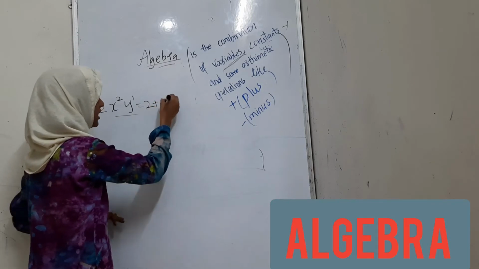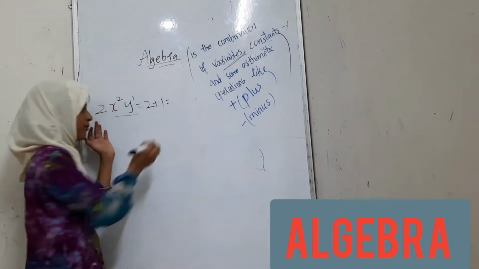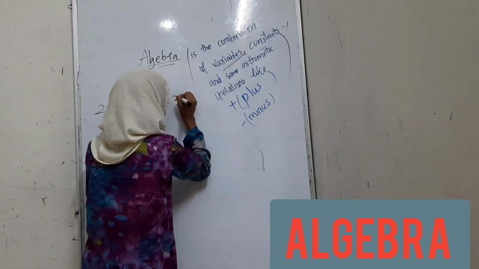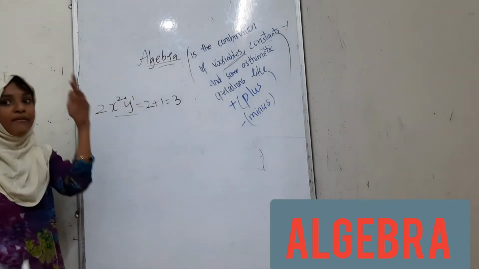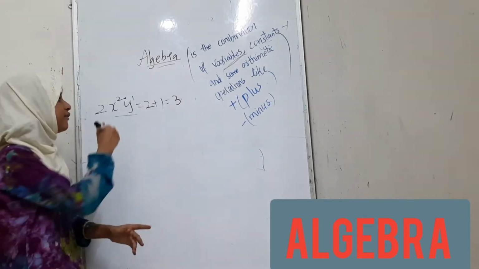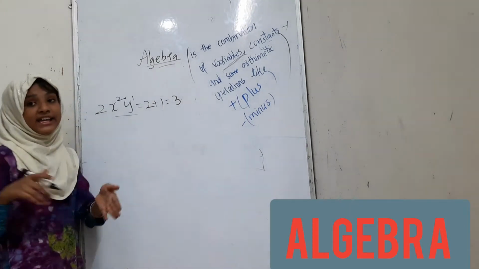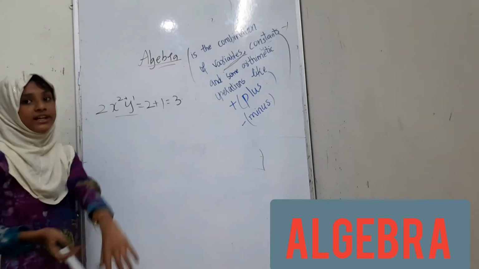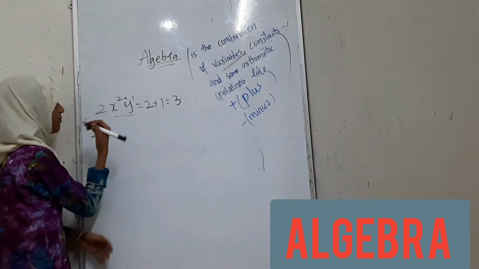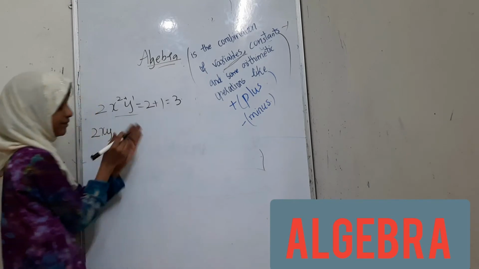So the degree of the given monomial is 3, because when we add the variable powers we get the degree. If we don't have the powers, the highest power of the given variables is the degree of the given expression. We completed the monomial.